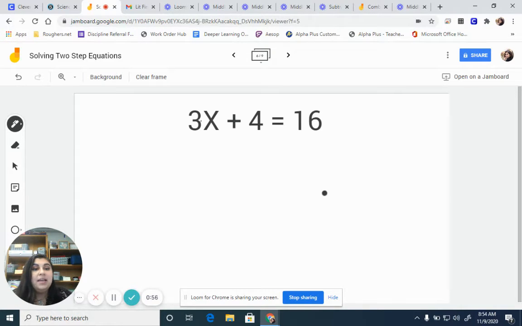So the first thing that we're going to do is combine like terms, if there is a chance to combine like terms, because now there's multiple things here. I don't see anything to combine, so we are going to leave it as is. Then we're going to put the letters to one side, and then we're going to put the numbers to the other.